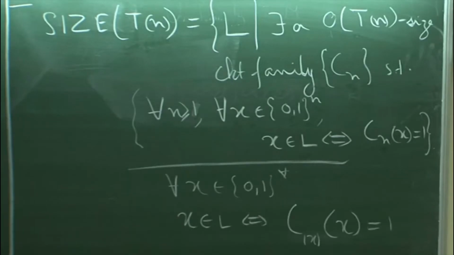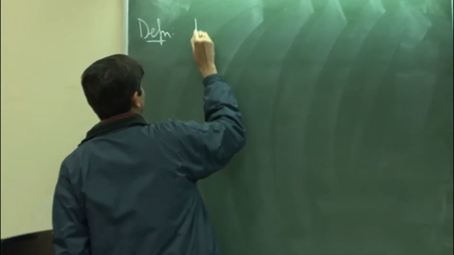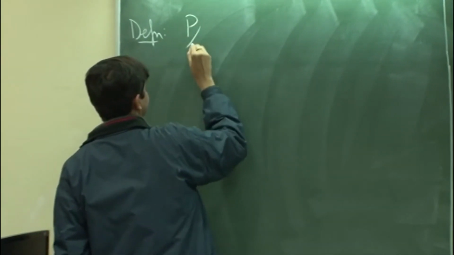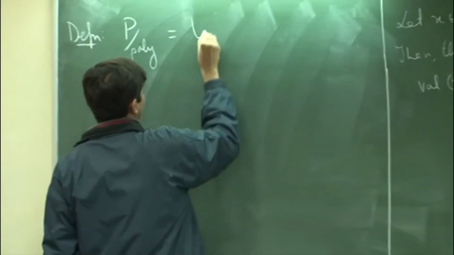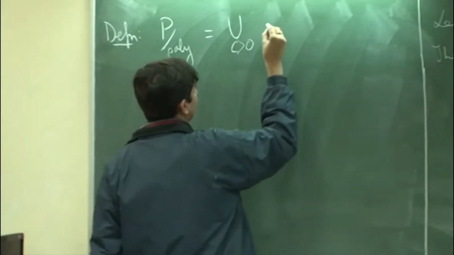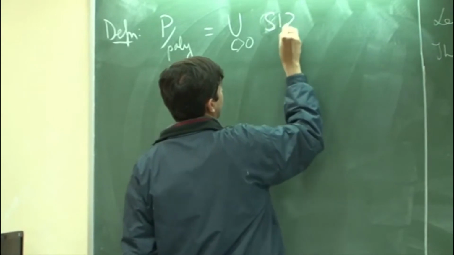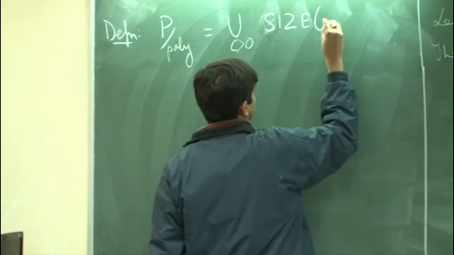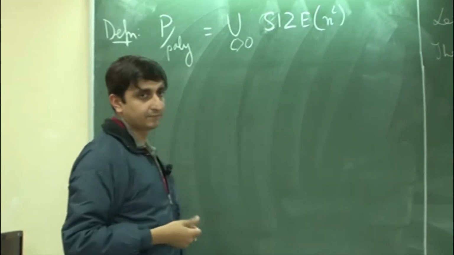Yeah. So, now we can define circuit families which have polynomial size, and that is written as P/poly, and it is equal to the union over all c greater than 0 of SIZE(n to the power c).